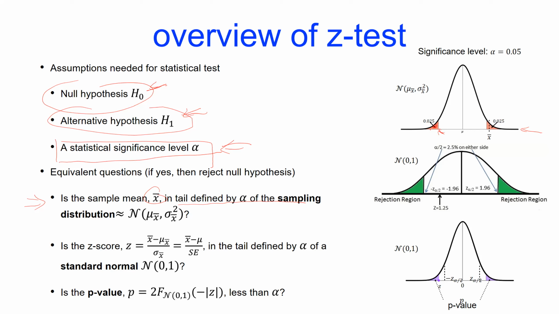Then there are two other equivalent ways to ask about the same thing. The second way is to say: is a z-score in the tail defined by alpha? The difference here is that when you ask about X bar, you are talking about the sample distribution defined by the central limit theorem.